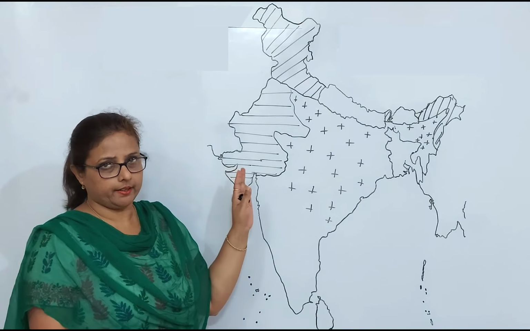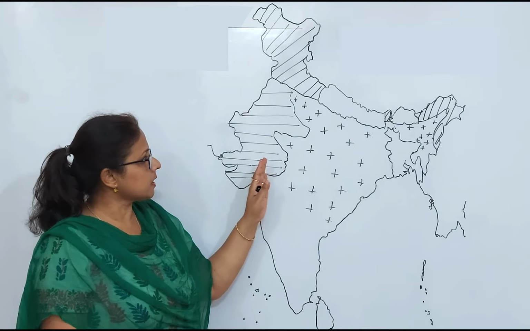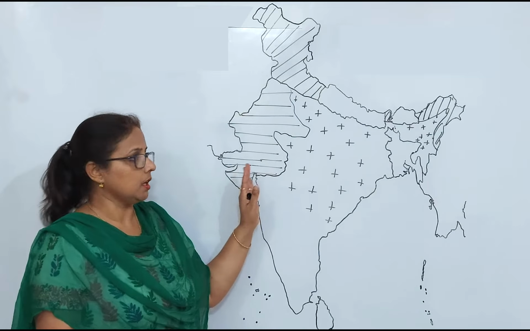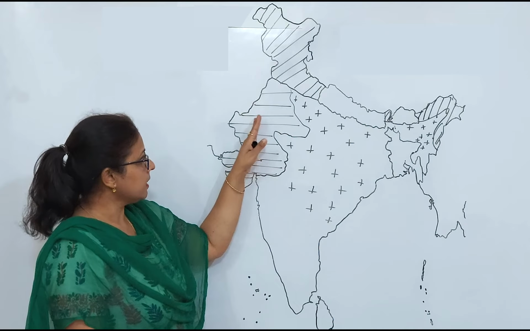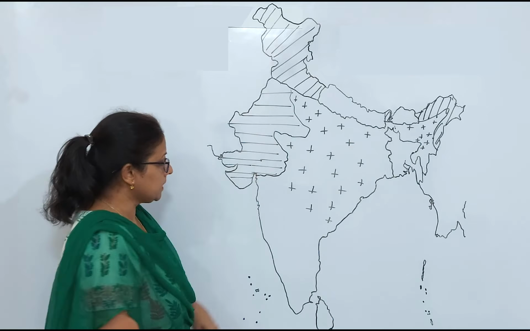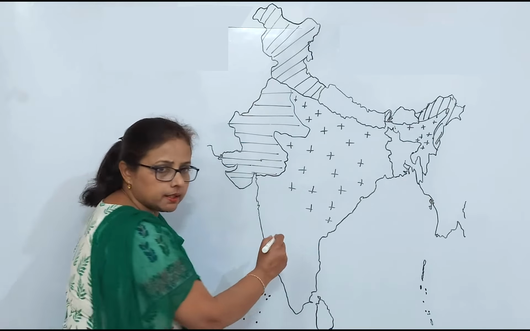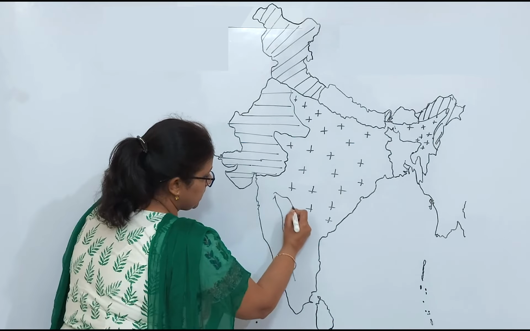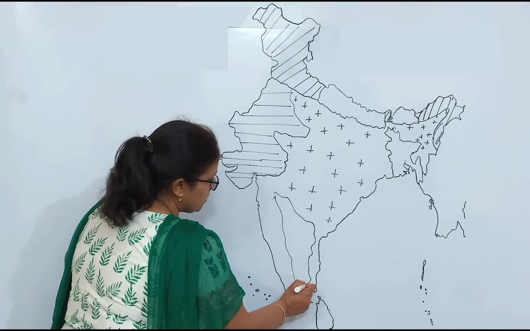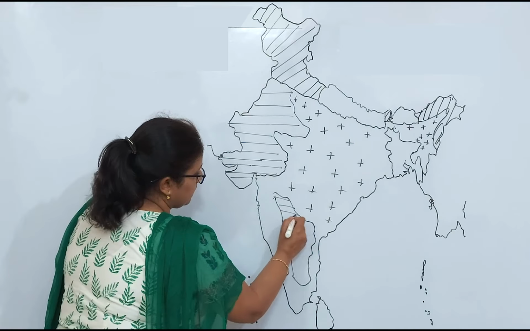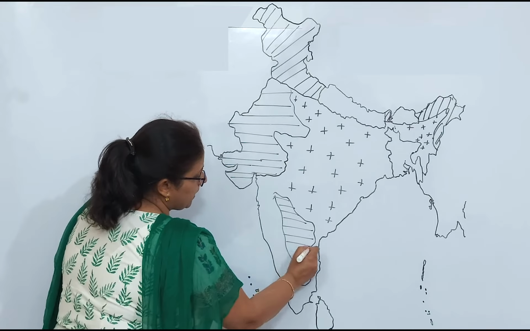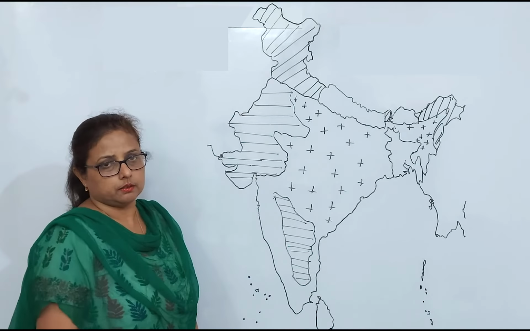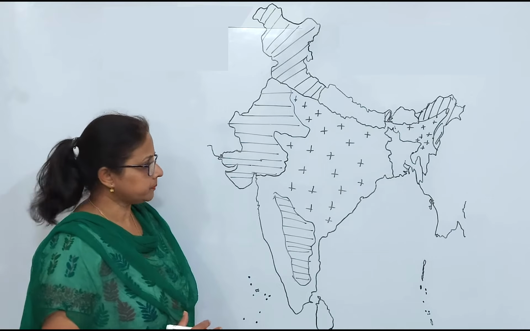So this vegetation comes under the thorn type of vegetation, which is mainly found in parts of Rajasthan, Gujarat and some parts of the plateau region over here, because this area, we all know, is a rain shadow area. So this area gets little rainfall, and so they also have a thorny or thorn vegetation.